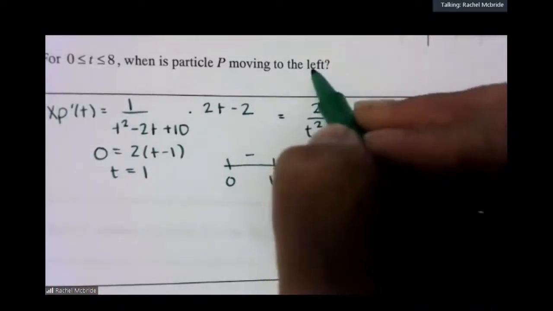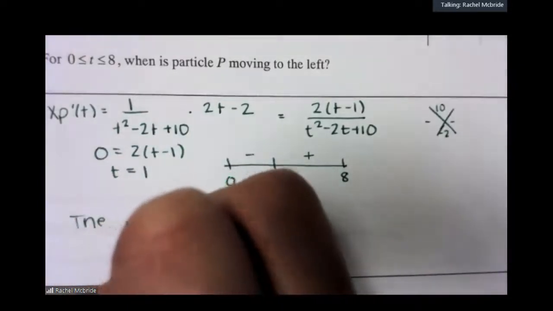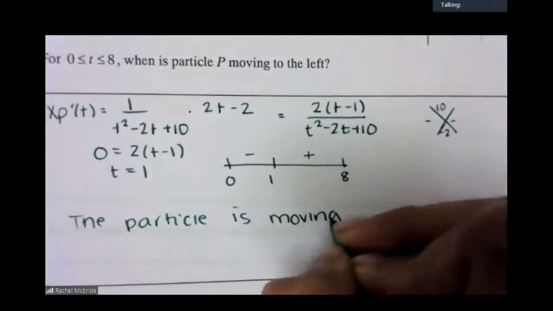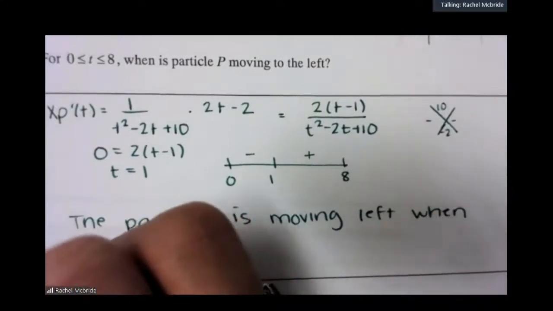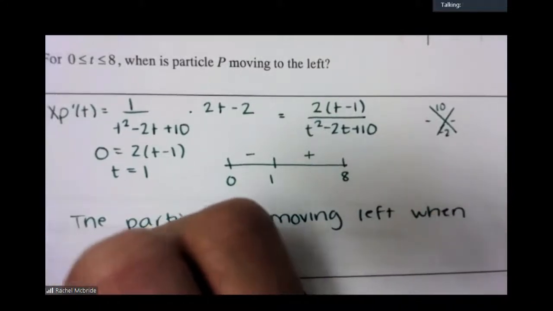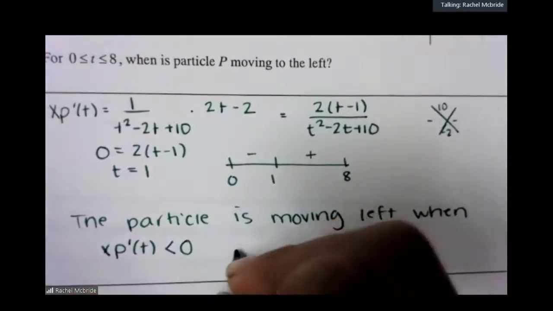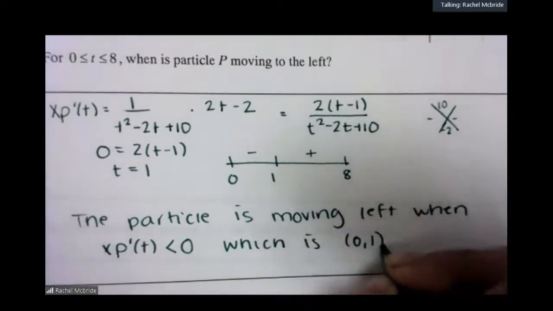So when is the particle moving to the left? The particle is moving to the left when x prime of P of t is less than 0, which is 0 to 1.